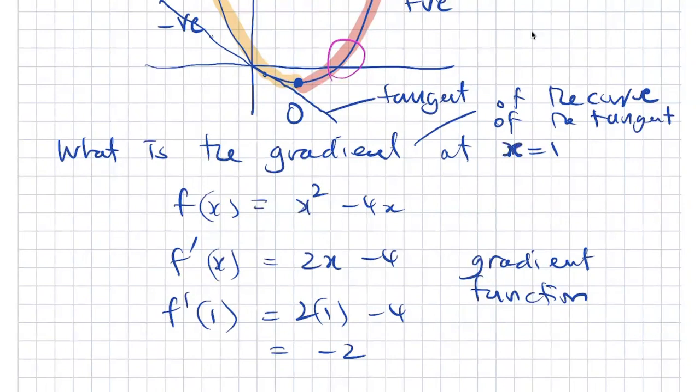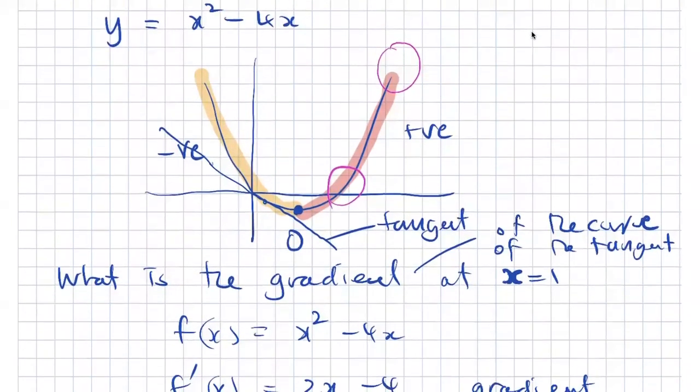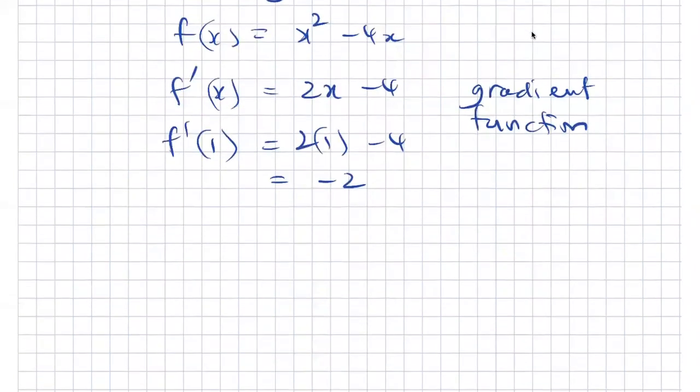Either way of expressing that is really the same. Often we write, what is the gradient at x equals 1? We know it's the curve x squared minus 4x. When you're looking at a lot of the textbooks, they'll be talking about the tangent to the curve, the equation of the tangent to the curve and the gradient of the tangent to the curve, and that's what we're talking about.